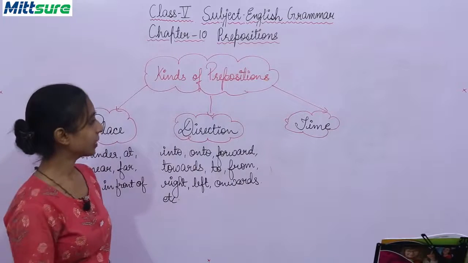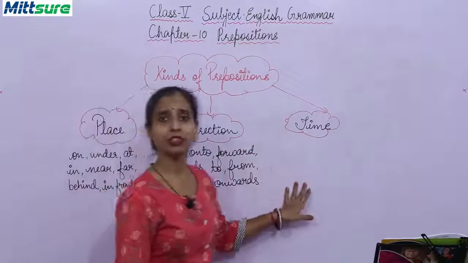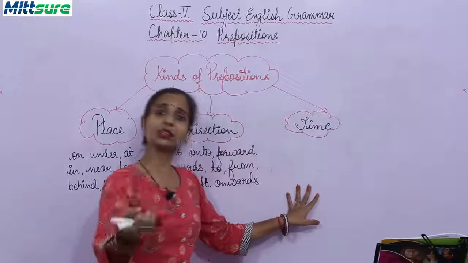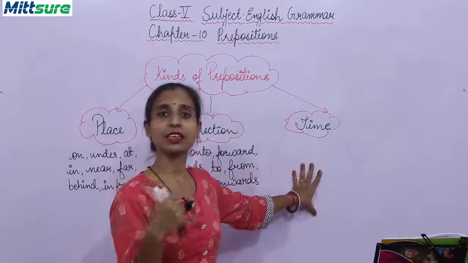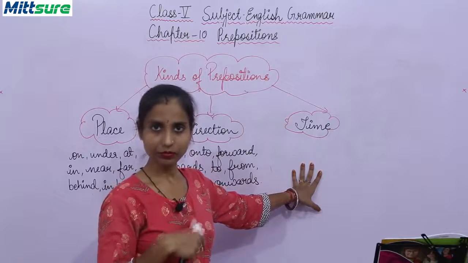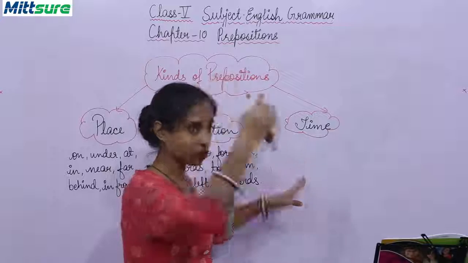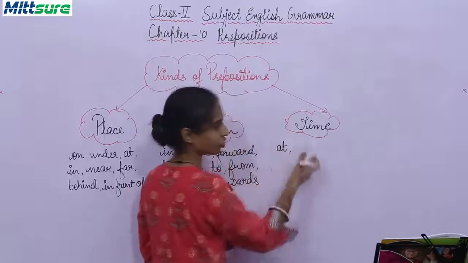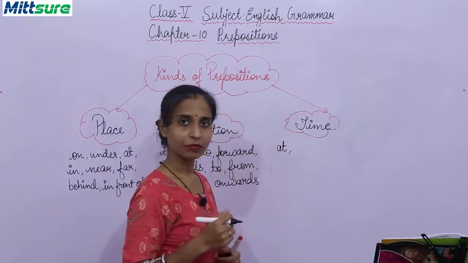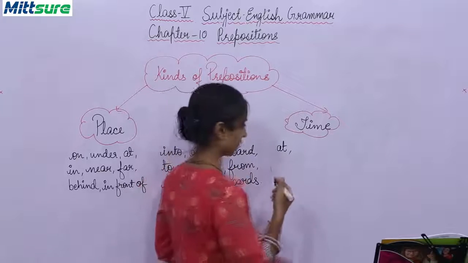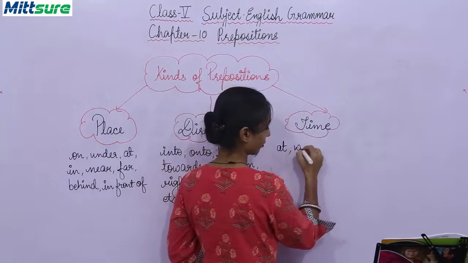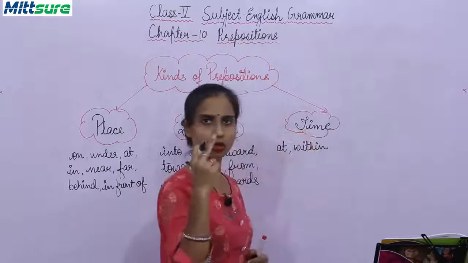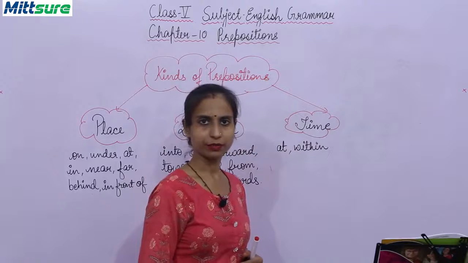Alright. Then coming to preposition of time. It is very easy. Those words from which we can come to know about time. I'll meet you at 2 o'clock. So, this at will be preposition of time. In between or within. Within 2 hours I want to see you in my office.